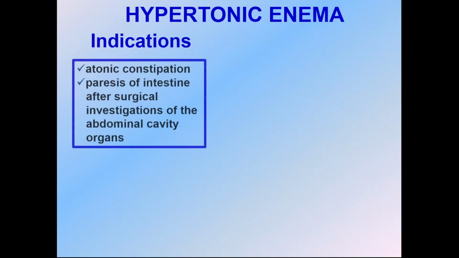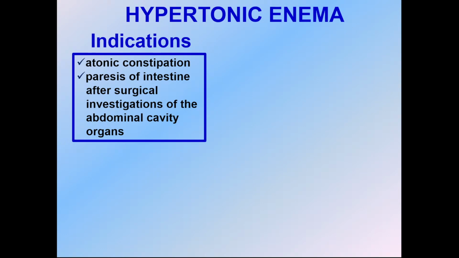Hypertonic enema. It's prescribed for patients with atonic constipation because it stimulates motility of the intestine. It's especially widely used in the first period after surgical treatment, because anesthesia depresses motor activity of the intestine, and to activate its activity we can use a hypertonic enema.